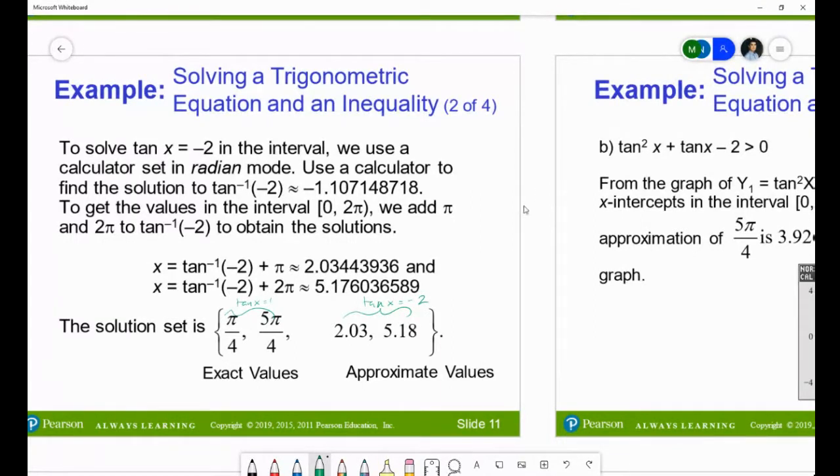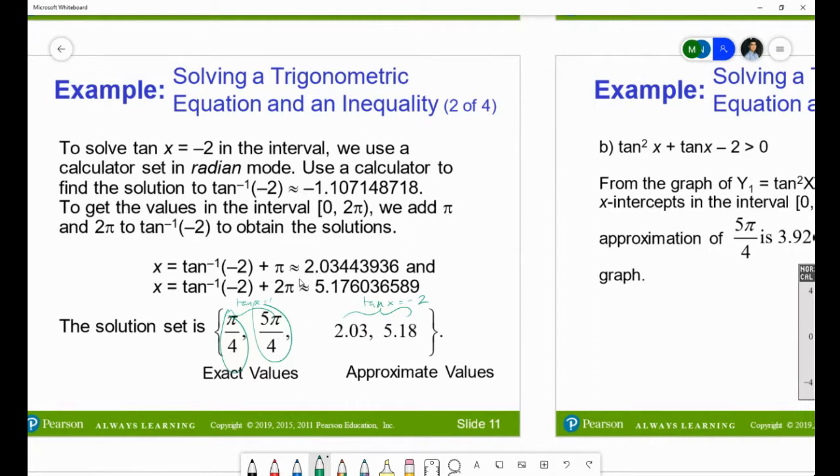Great question. Well, we did add pi, like we add pi from here to get to here. But nothing subsequent to 5 pi over 4 because it's no longer within the interval. Exactly. If you add another pi, you're going to end up beyond 2 pi.